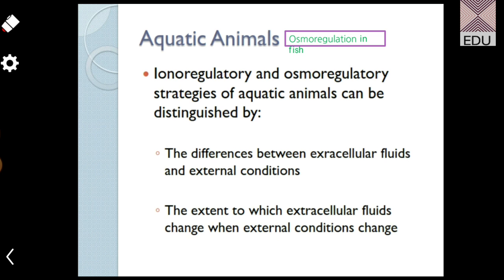So all animals have a particular range of changing their inside environment according to the outside environment. If the animals have a narrow range, they are called stenohaline animals. And if they have a wide range, they are called euryhaline animals.